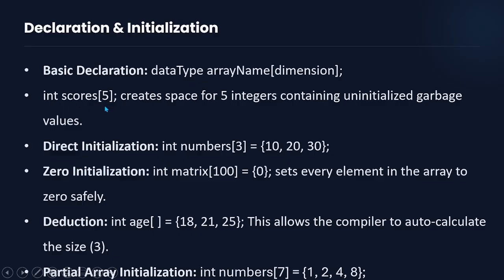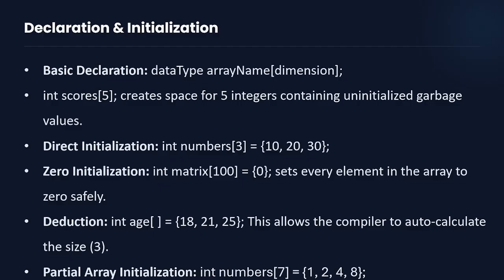Since you don't specify anything, what was left in the memory, what we usually term garbage values, is what will be placed inside those memory spaces until you populate them with whatever values you want to give the array.